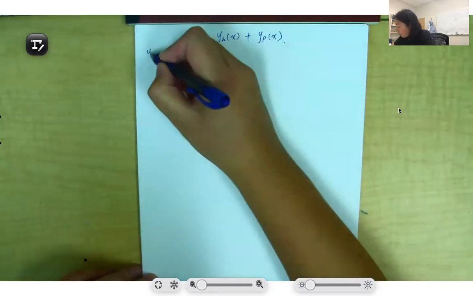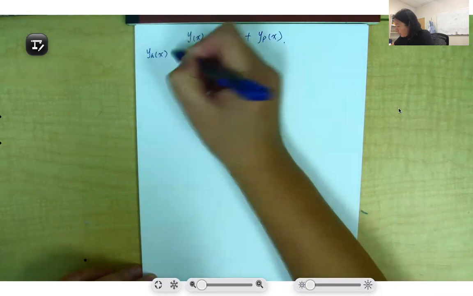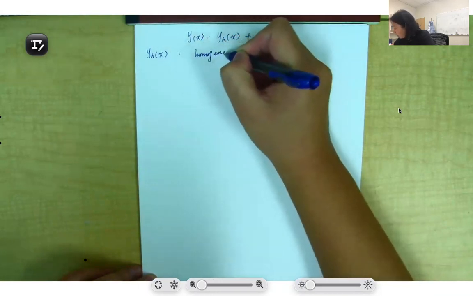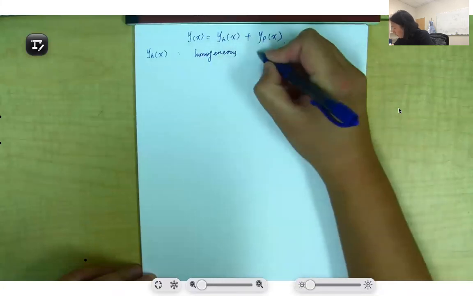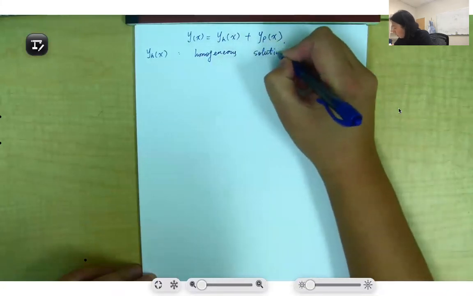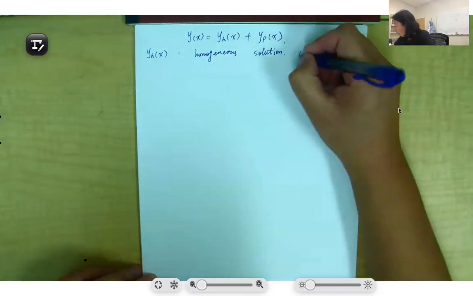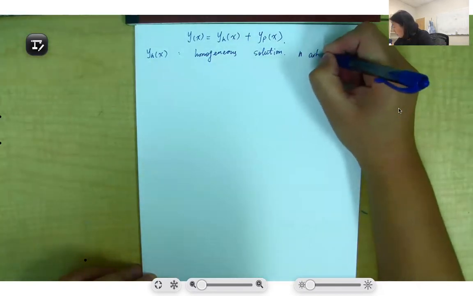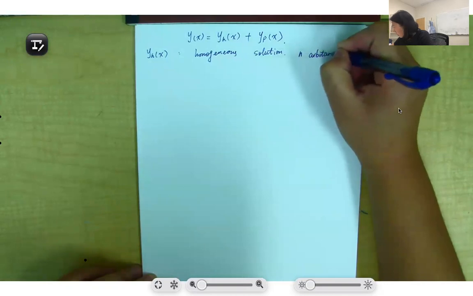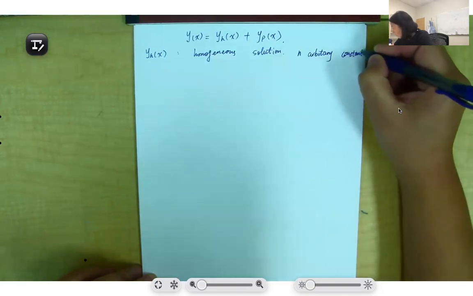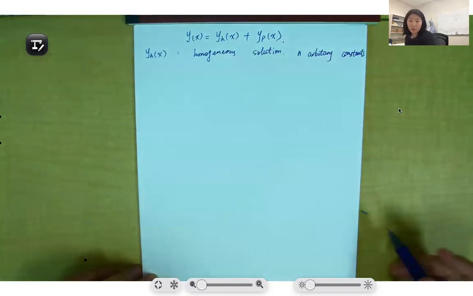The y_h(x) is called the homogeneous solution. A homogeneous solution usually has an arbitrary constant when you solve the homogeneous solutions.